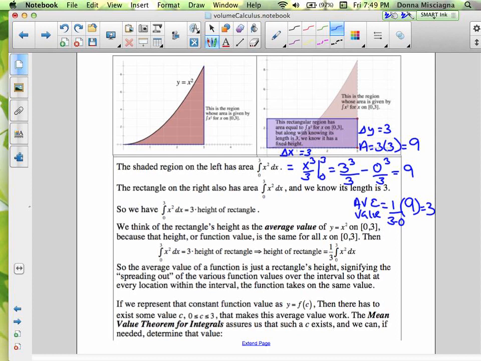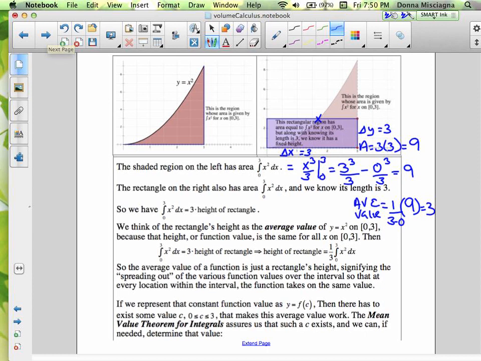If we were to take all the different values and smush them together and turn it into a rectangle, the average would be 3. Notice that somewhere my function is actually equal to that average, which is the whole reason the rectangle's there. So somewhere the value of the function equals the average of our function.